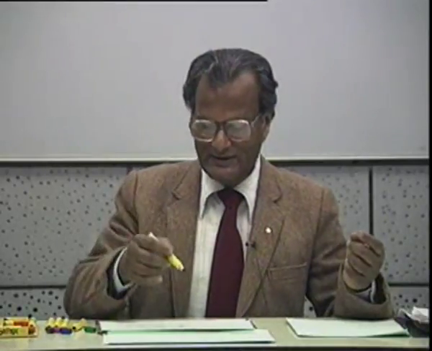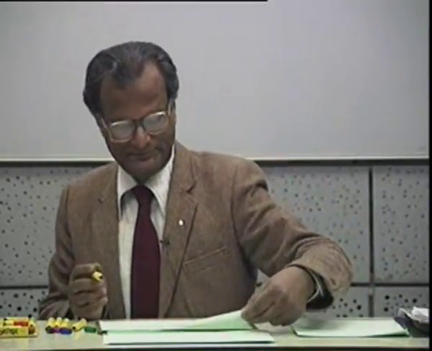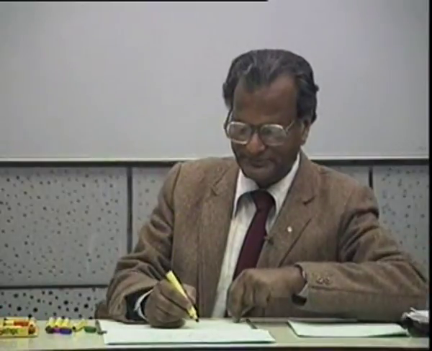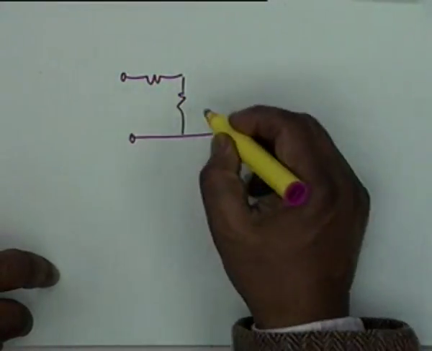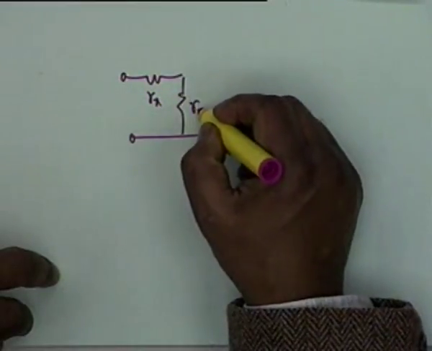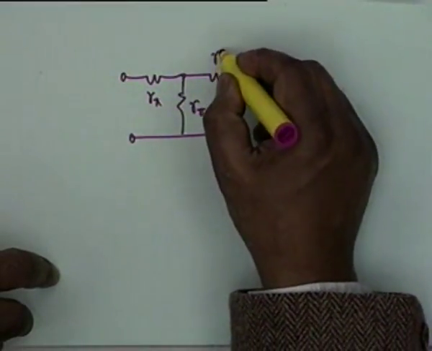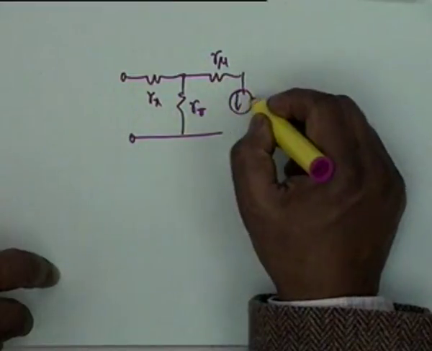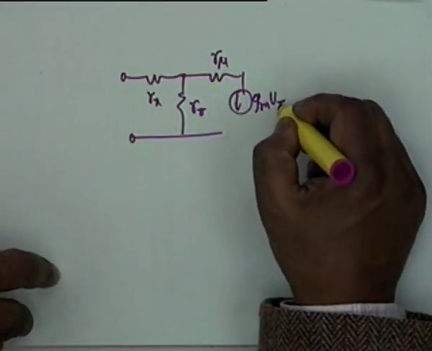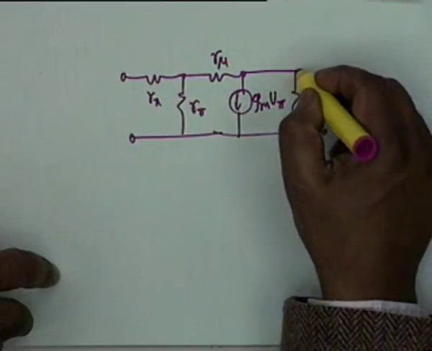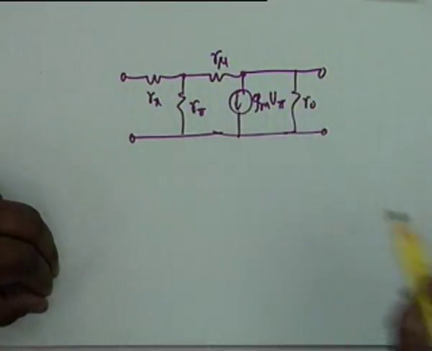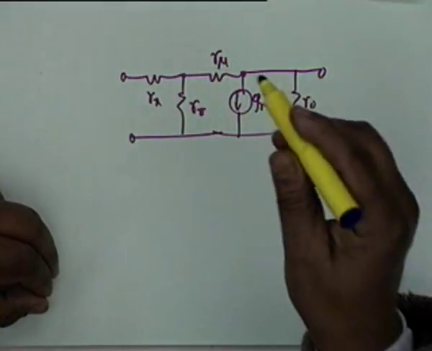That is, you calculate, for example, HIE from the hybrid pi equivalent circuit, Rx, R pi, R mu, Gm V pi, R0. How do I calculate the HIE?